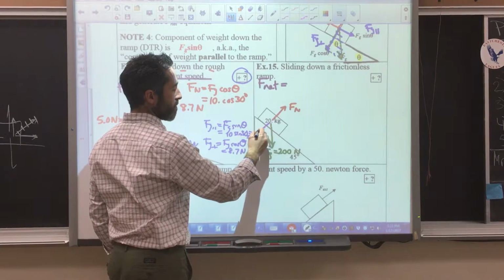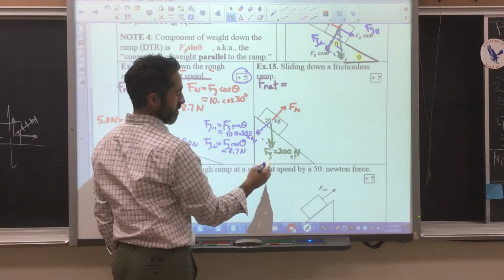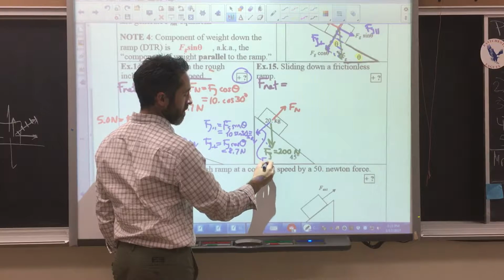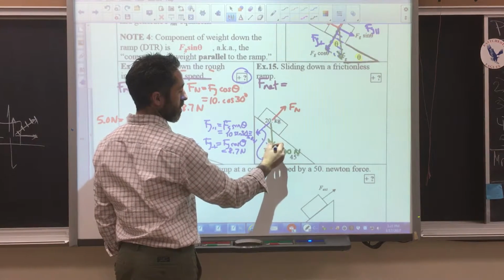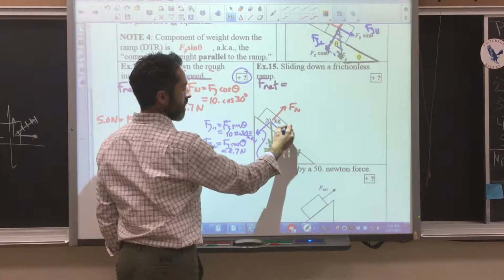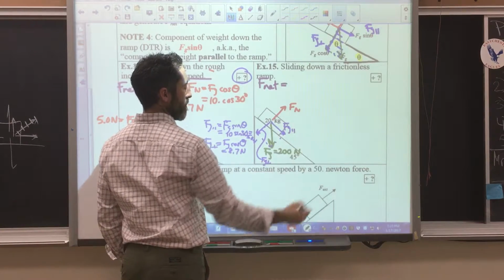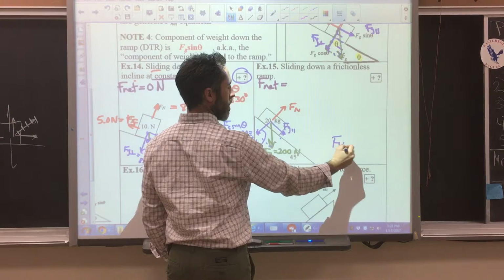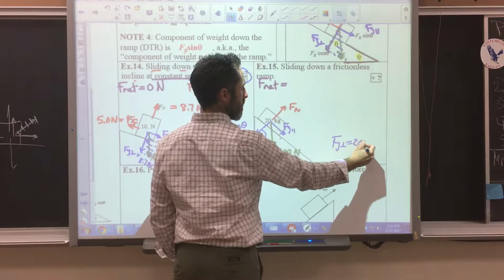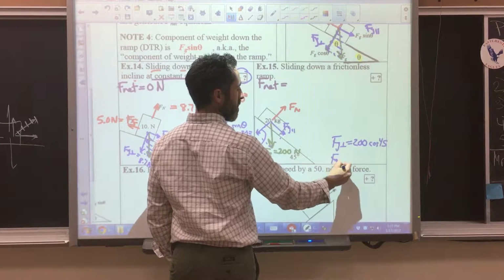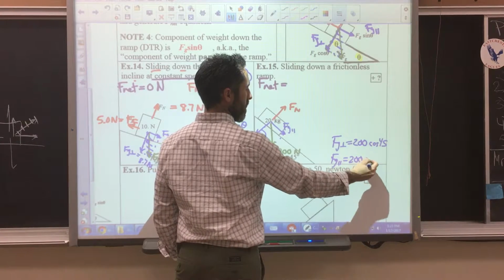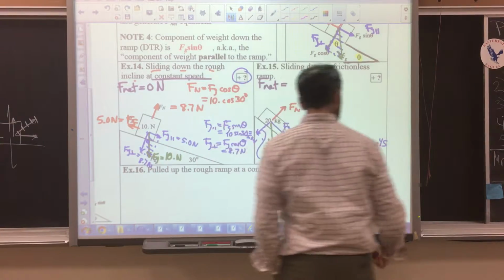So it has an FG perpendicular component. Let's write that over here. And it has an, I'll draw it over here, FG parallel component. We know FG perp is FG 200 cos 45, and FG parallel is 200 sine 45.